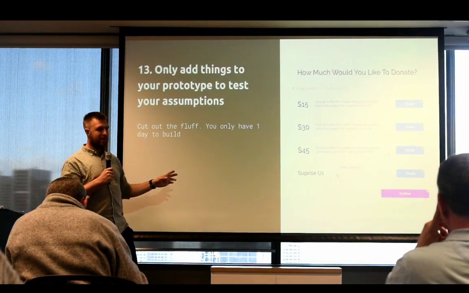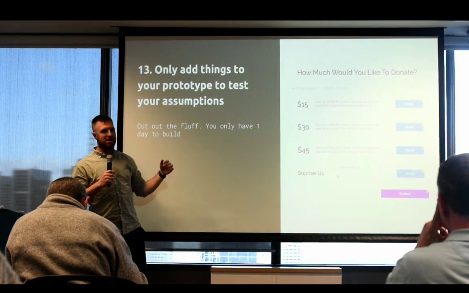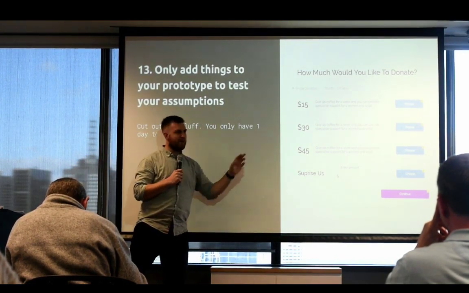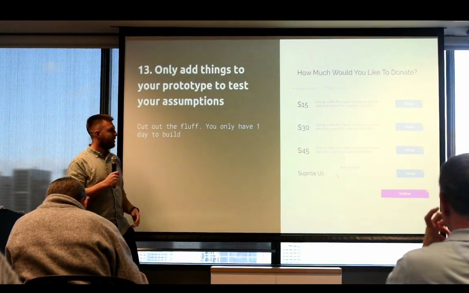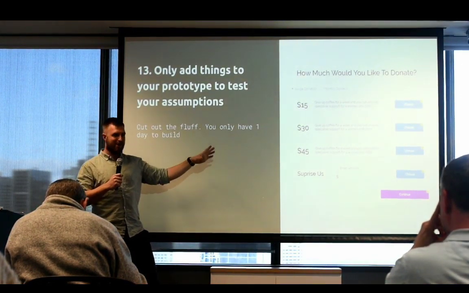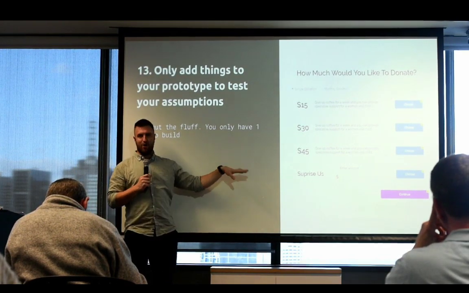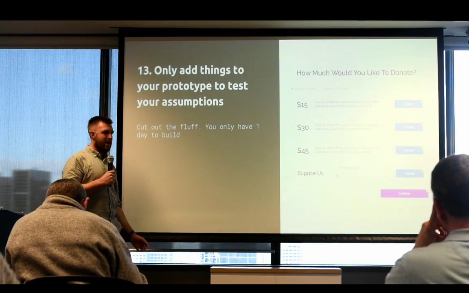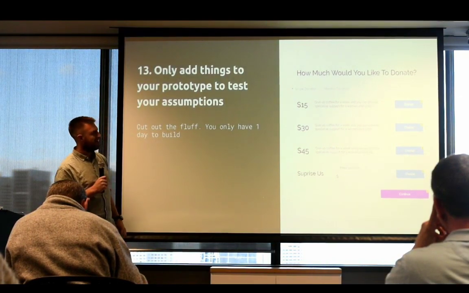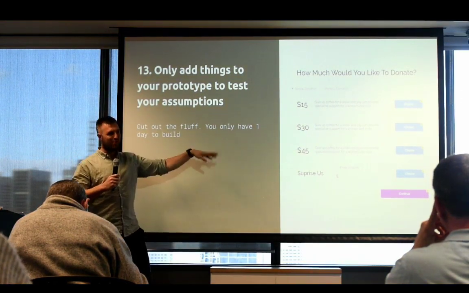We originally had a lot of stuff on this page, like where your money's going to be going, what other people in your area have donated, all this stuff. But this is not actually the part we were testing. If you recall, we're testing the whole gamification idea, things like the badges. So we just stripped out all the unnecessary stuff. You only have a day, so the prototype's not going to look great either. This is just quickly whipped up wireframes.